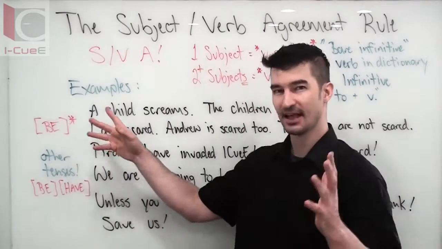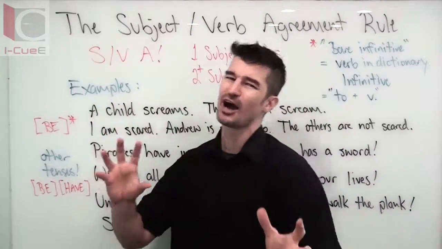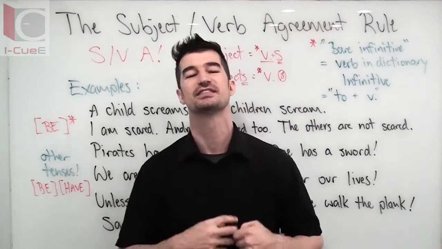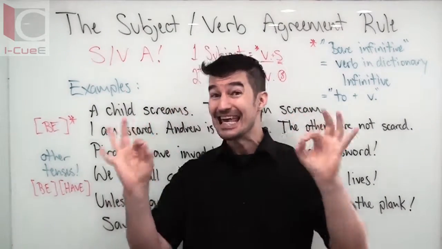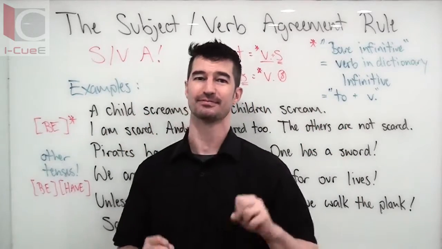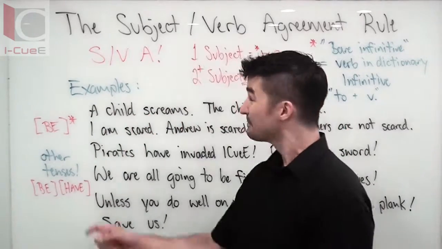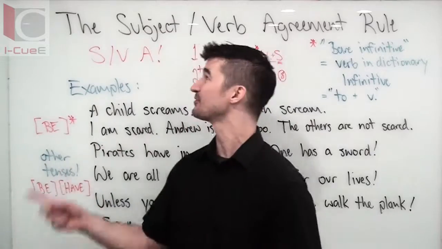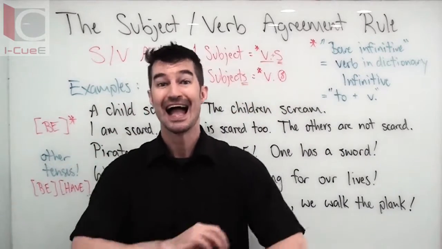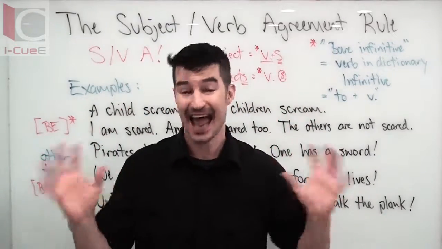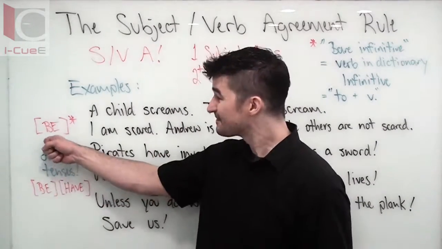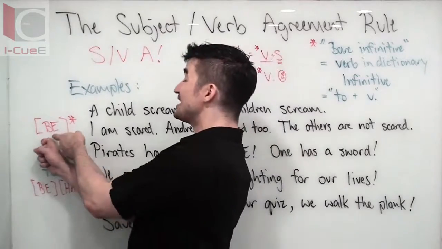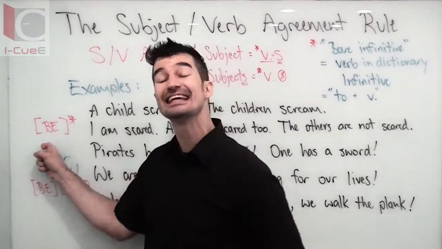Now, it gets a little more complicated when we use the be verb. The be verb is probably the most irregular verb in the English language. And with the be verb, you have to worry about the subject-verb agreement rule in every tense. Because the be verb rarely is used in the infinitive form.